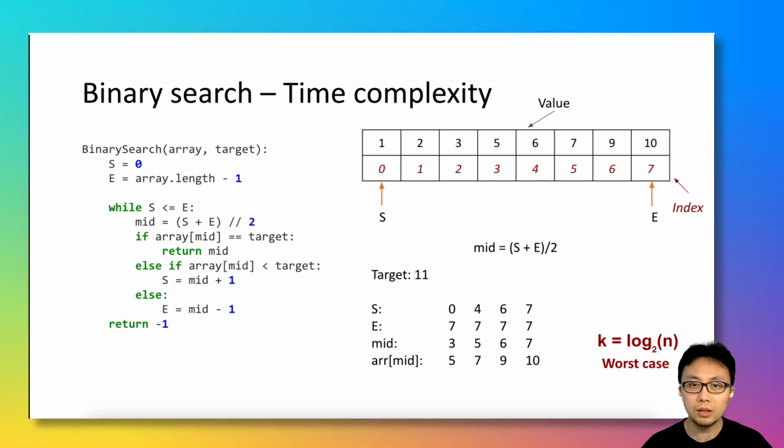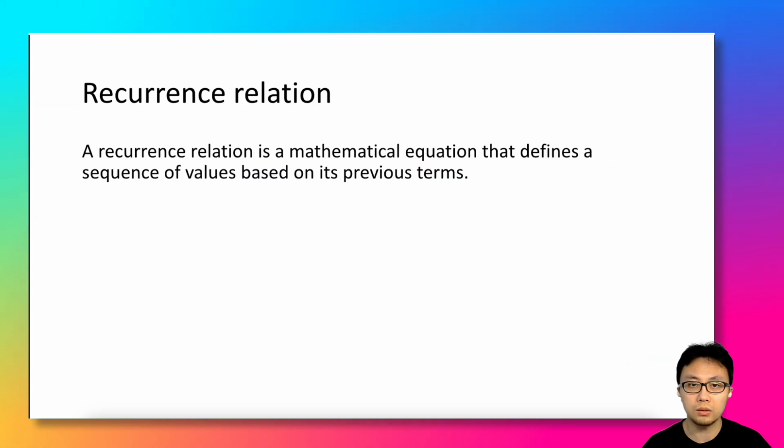Let's get a more generalized method for analyzing its time complexity and the time complexity of all divide and conquer algorithms. Before we do that, we need to introduce a new concept called recurrence relation. So, a recurrence relation is a mathematical equation that defines a sequence of values based on its previous terms.